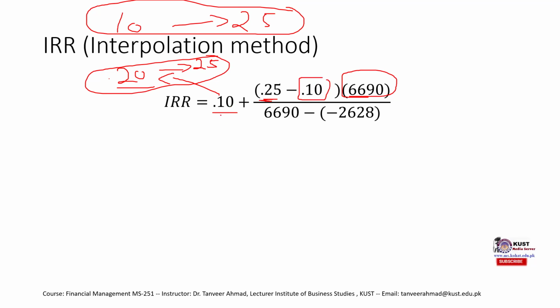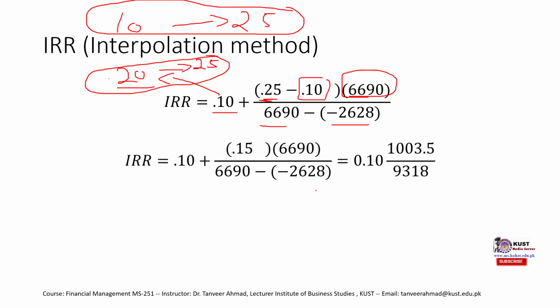So if you are going to solve it at 20%, then instead of taking 6690, you are going to take 513, right? Because that was the NPV at 20%. Okay, so the solution would be IRR is 0.2076 or 20.76%.